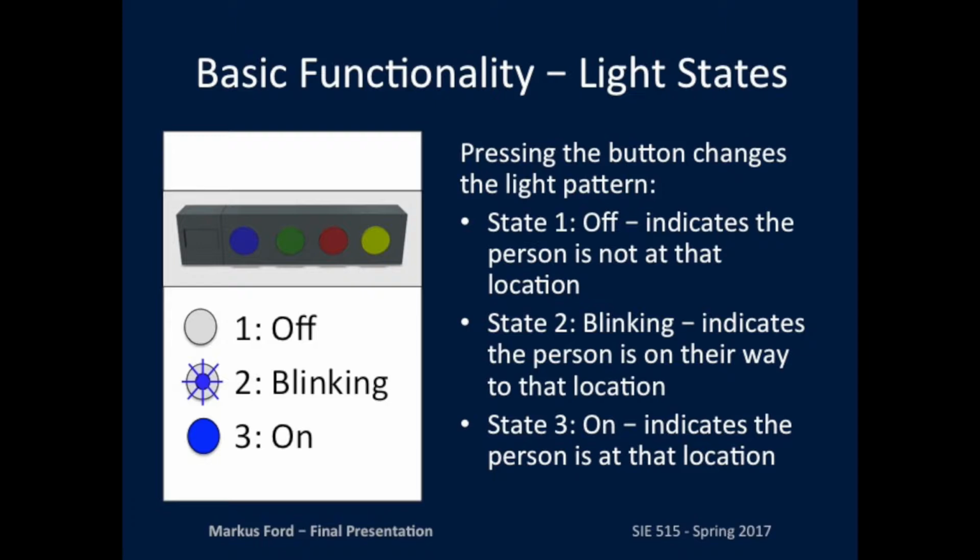If I push that button once, it will cause the light, because it's a lighted button, to begin blinking, and this indicates that the person is on their way to that blue location. If I press the button a second time, now the light is on constantly, indicating that the person is currently located at that location. And if I push that button one more time, I come back to that off state.